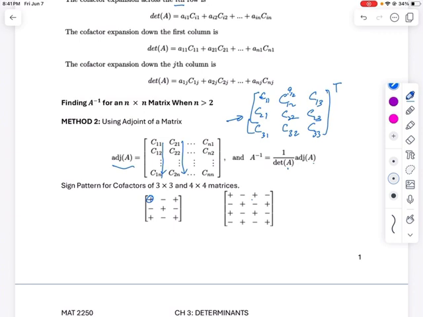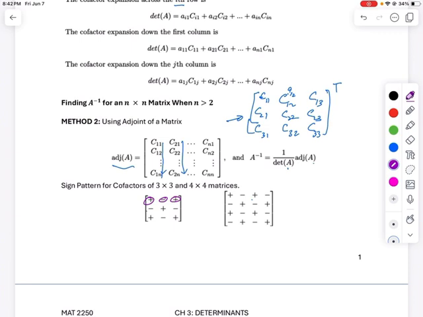So this is positive. Let me use another color here so it becomes clear. So we will have positive, negative, positive. And now because there is no more in that row, we come to the second row over here.